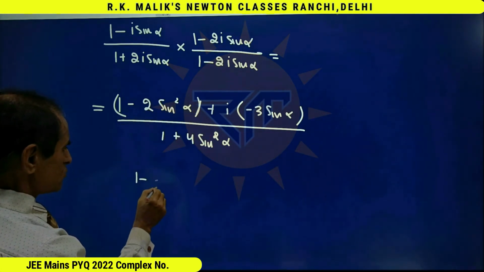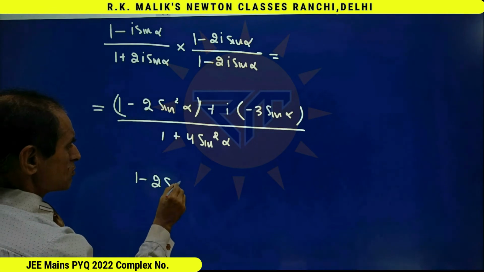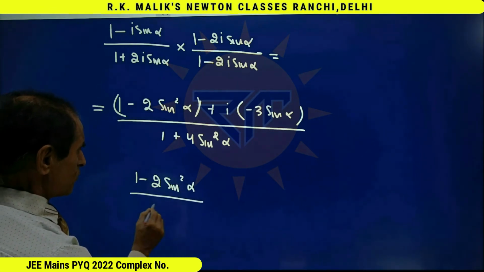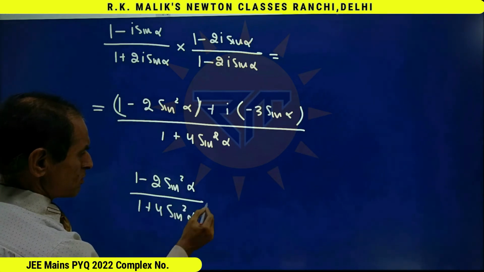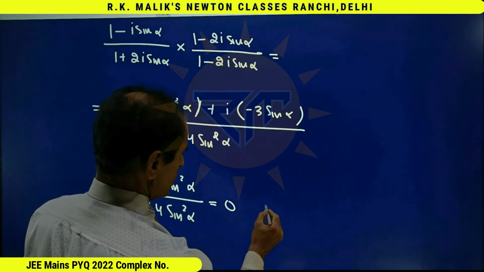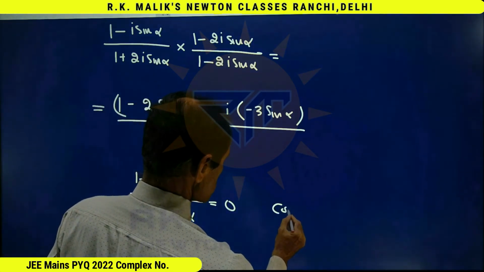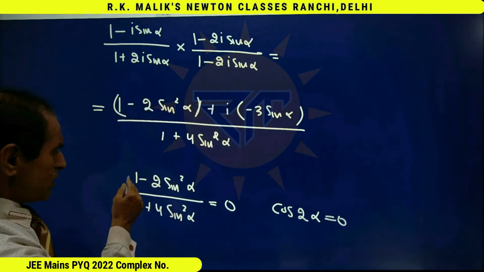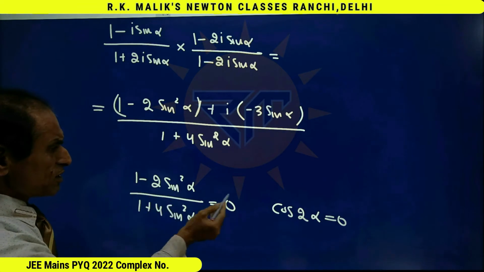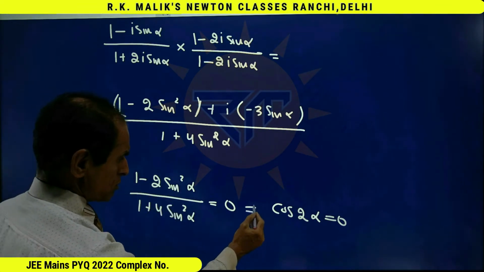And now I put the real part of it equal to 0. I get 1 minus 2 sin square alpha upon 1 plus 4 sin square alpha equal to 0. I get cos 2 alpha equal to 0 because 1 minus 2 sin square alpha is cos 2 alpha.